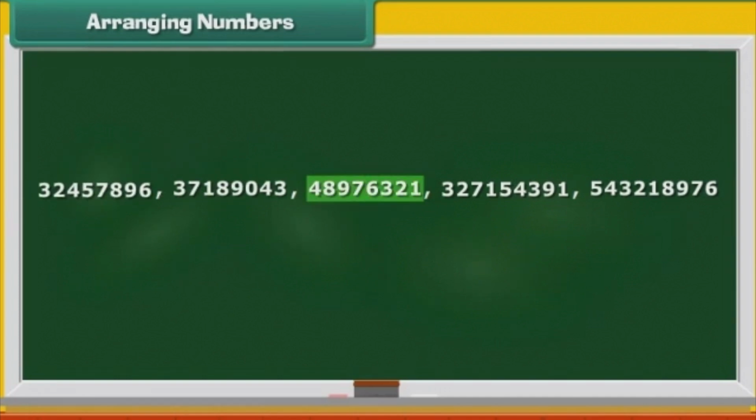The third 8-digit number begins with 4. 4 is greater than the first digit 3 of 371,890,43. Therefore, 489,763,21 is the largest 8-digit number. It appears after the other two 8-digit numbers.